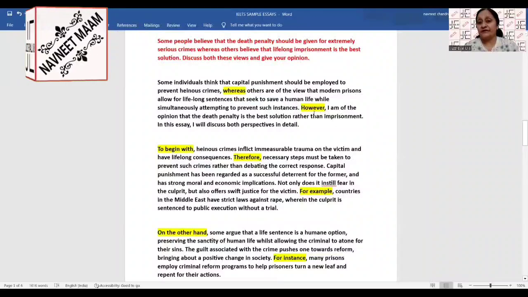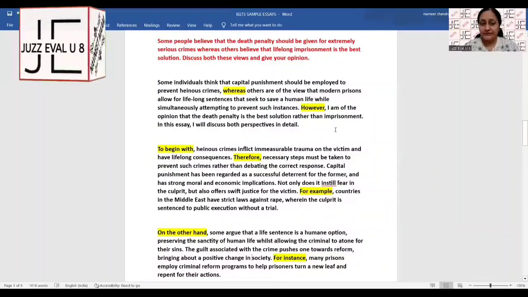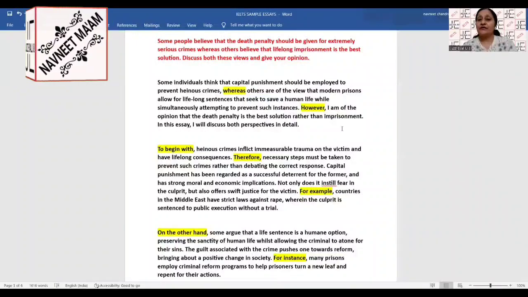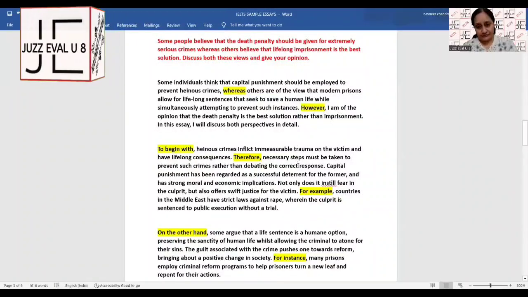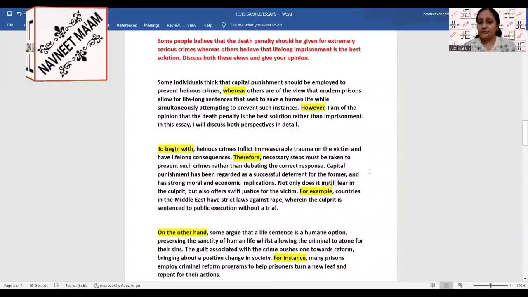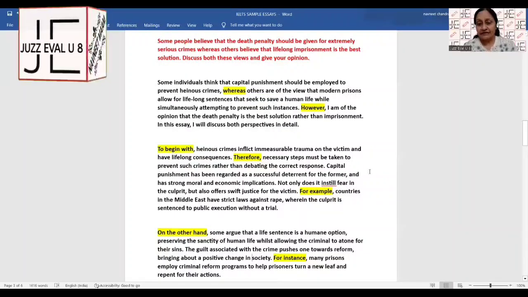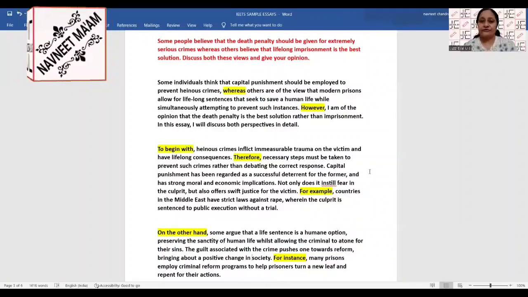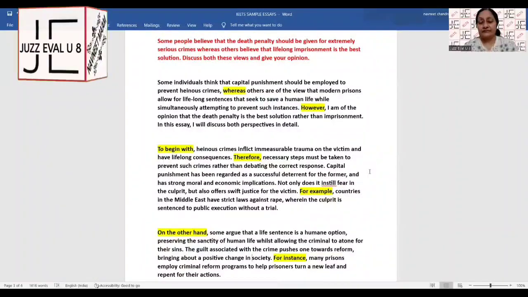Now, give your opinion. However, I'm of the opinion that death penalty is the best solution. So now you discuss both the views. Firstly, why do people feel that capital punishment is better? And secondly, why do others feel that a life term for such crimes is better?